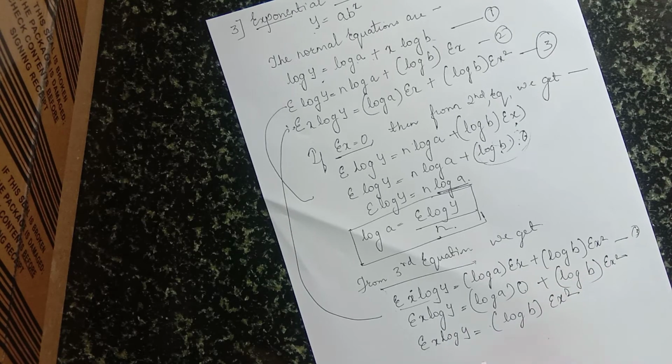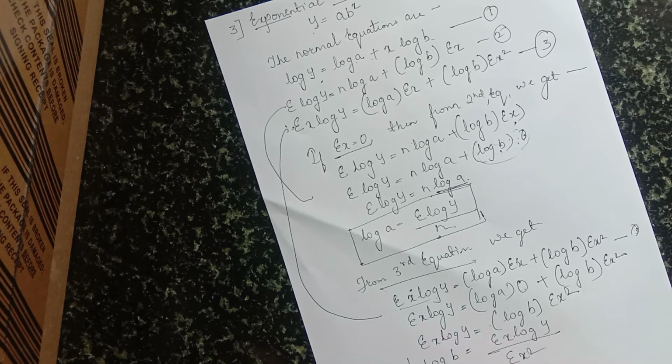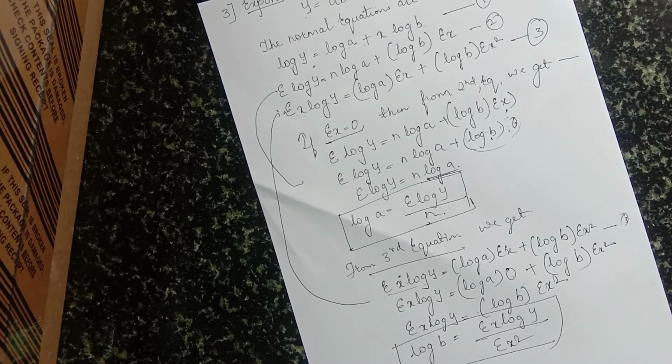So by this you will get the formula of log b. Log b is equal to summation x log y divided by summation x square. So we got both the formulas, log a and log b.